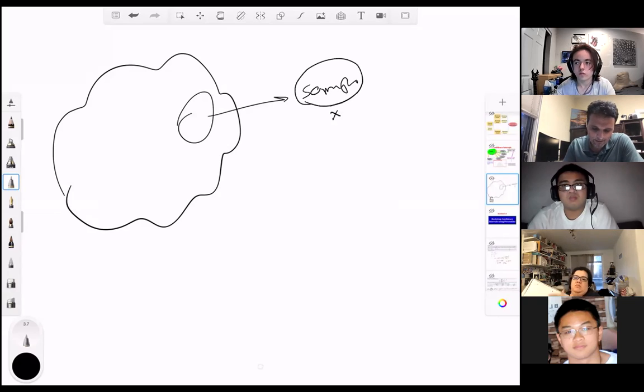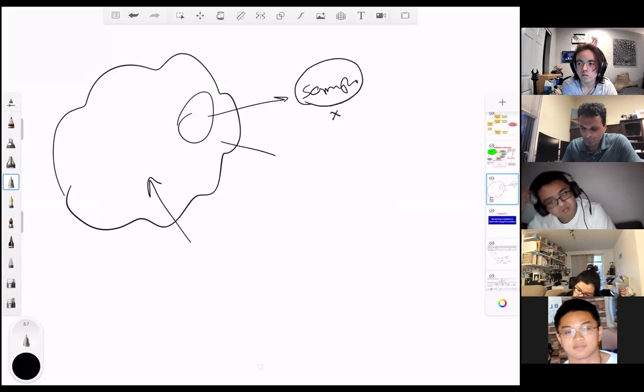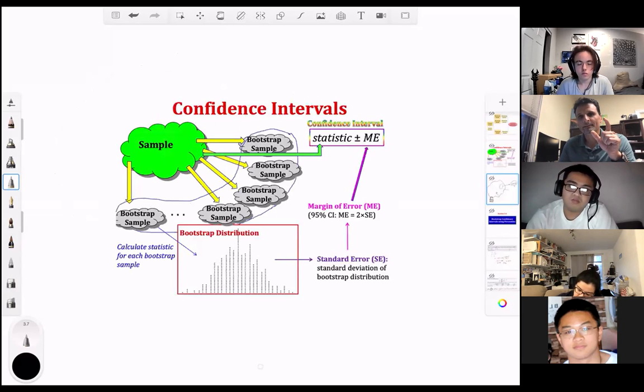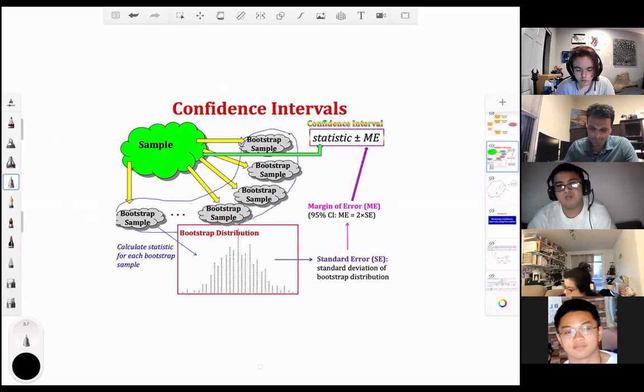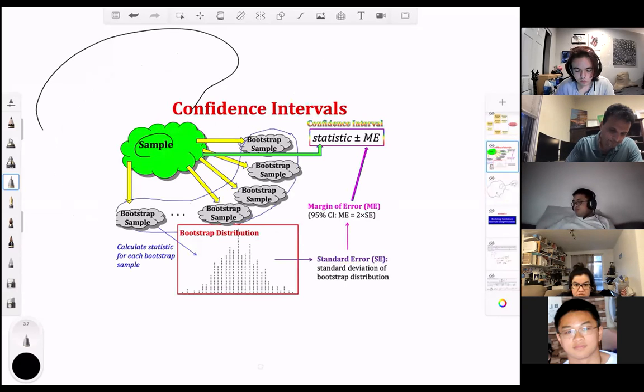We get enough samples to make a conclusion about the population. But bootstrap said with one sample, we might have some idea about the population. So we have a sample. The population is somewhere else, and this is a sample of that.